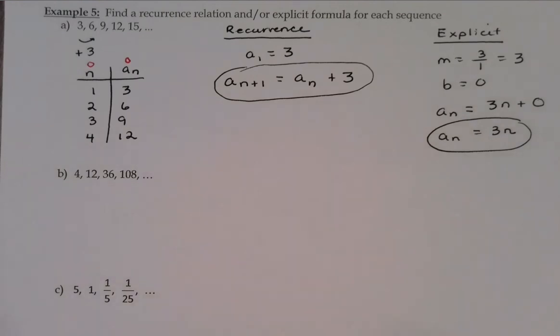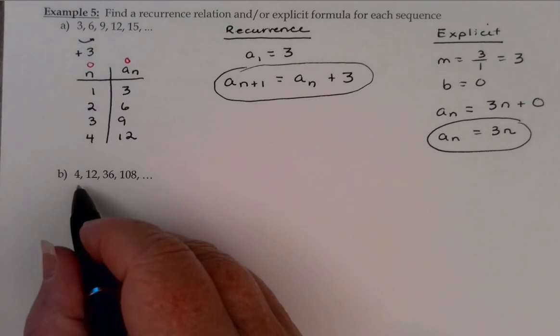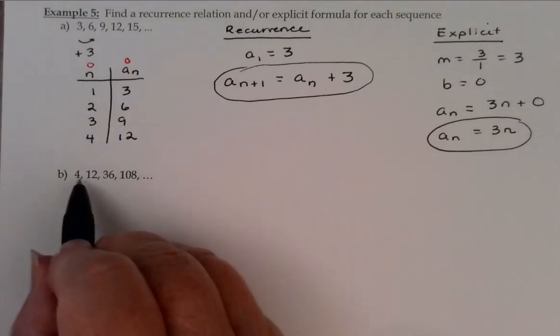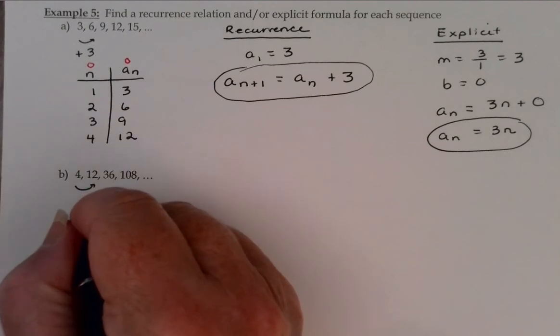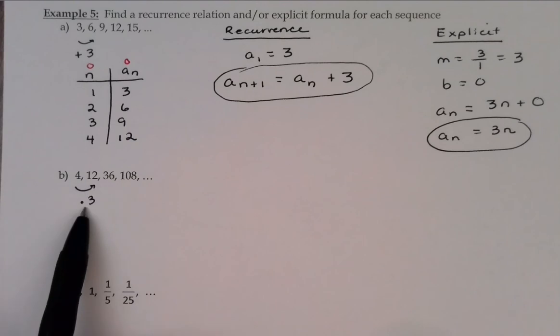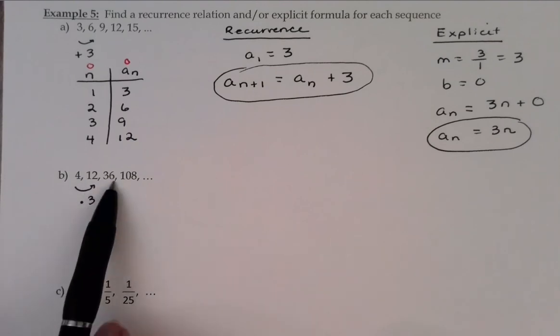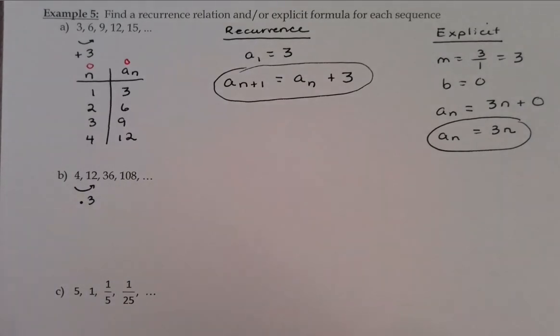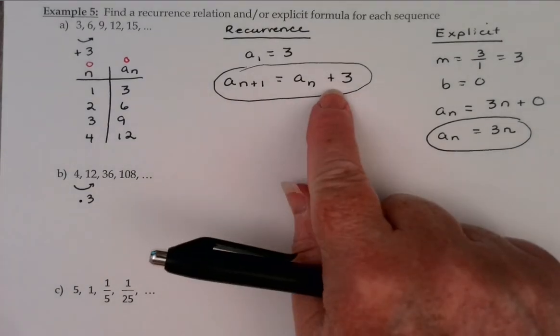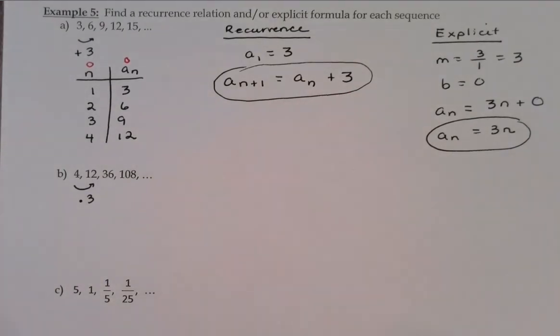All right, let's try a few more. Next one. If you look at the pattern here, to go from one term to the next, we're multiplying by 3. 4 times 3 is 12. 12 times 3 is 36. 36 times 3 is 108, and so on. So this time for my recurrence relation, instead of adding 3, we're going to multiply by 3.